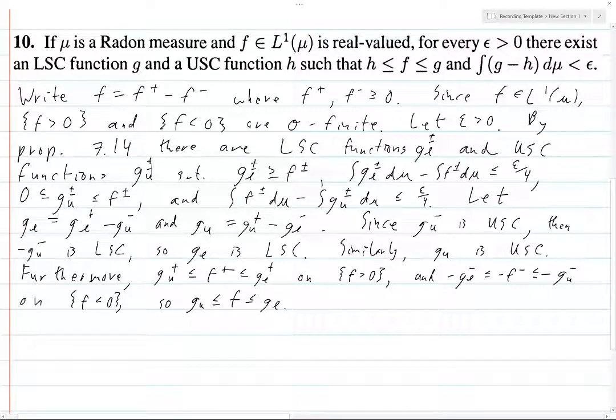Well, you want to define it on F positive to have this property, but then you just want to make it 0 on the set where F equals 0. And then this will hold. So you want to make sure that GL and GU are 0 when F is 0. And everything else will be fine.